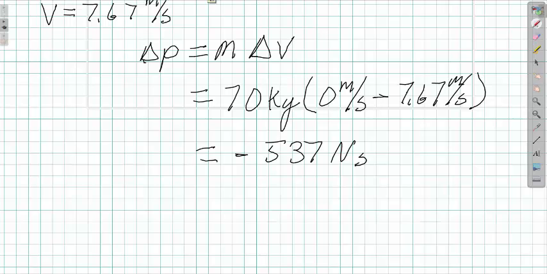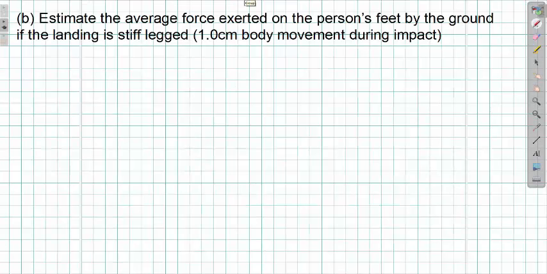Okay, so let's look at part B of this question. Estimate the average force exerted on the person's feet by the ground if the landing is stiff-legged, 1 centimeter of body movement. So the collision is going to happen very fast. We can assume the upward force is going to be constant simply because the problem says firm ground.